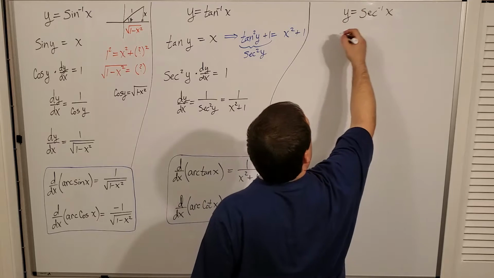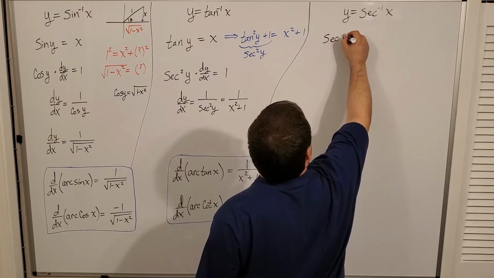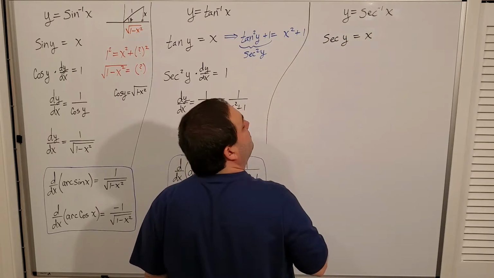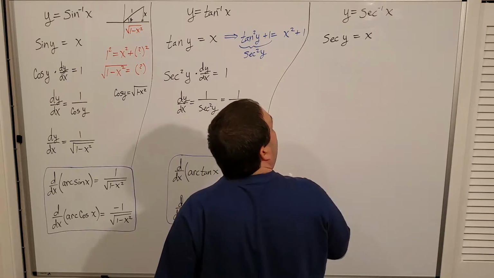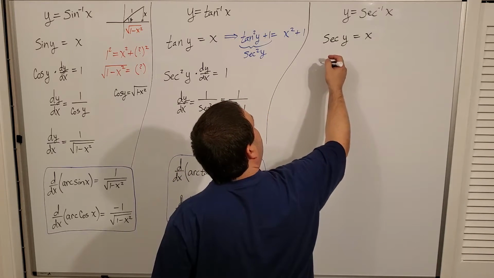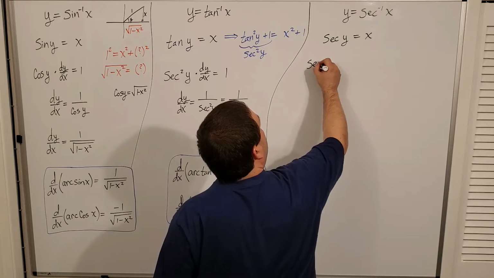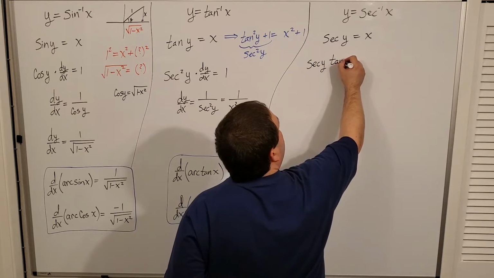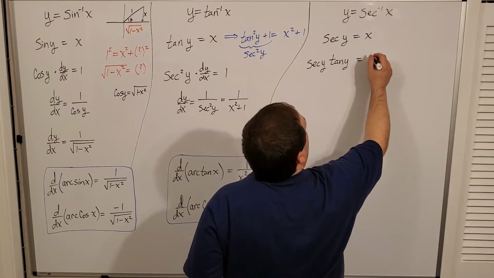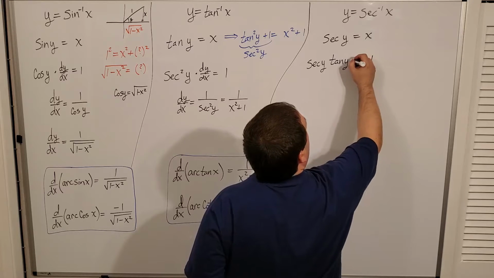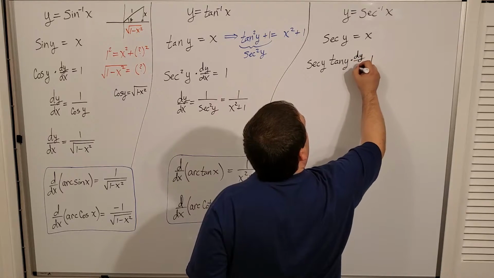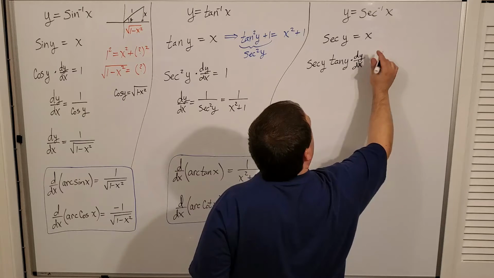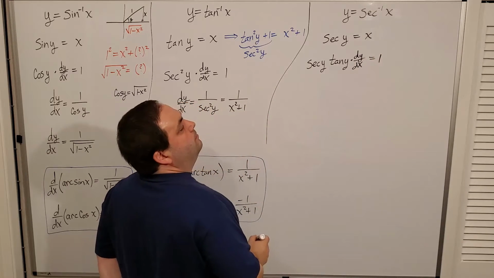Same pattern as before, right? I'm going to do secant of y is equal to x. I'm going to take derivative of both sides, which derivative of secant of y is secant of y times tangent of y times dy over dx equals 1.